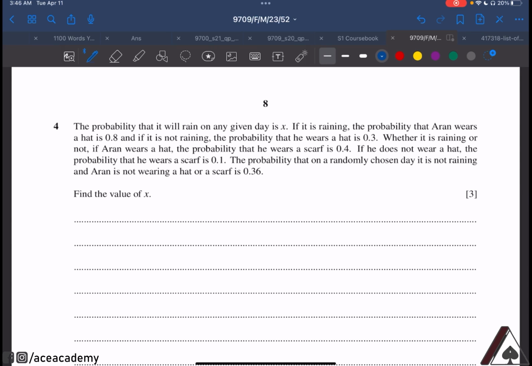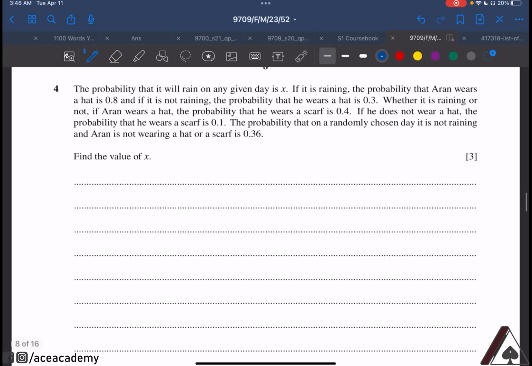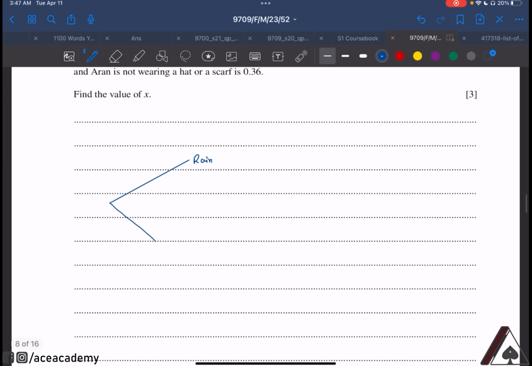Moving on to question number 4. The probability that it will rain on any given day is X. Okay, so let's start drawing a tree diagram over here. Rain and no rain. All right.